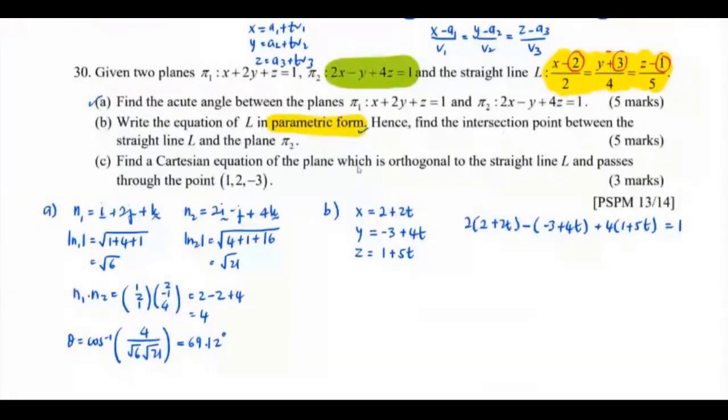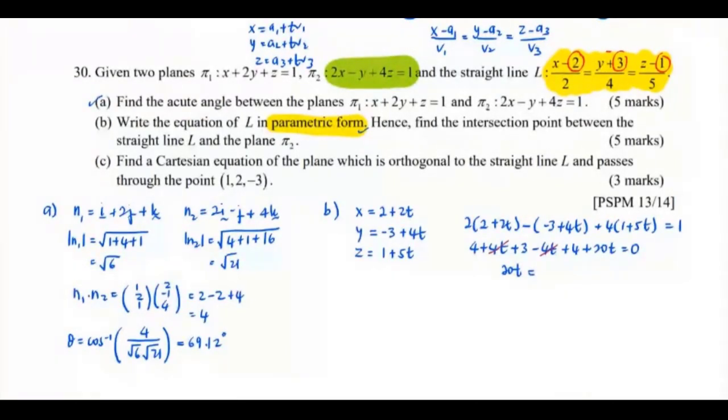Simplify everything. What is the total of t? 20, because we can cancel. So we end up with 20t. And then here we have 4 plus 3, 7, 7 plus 4 will be 11.